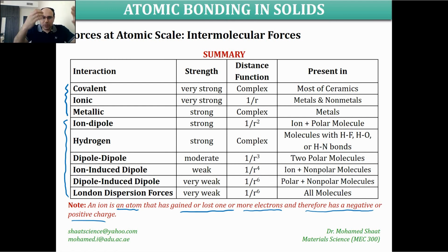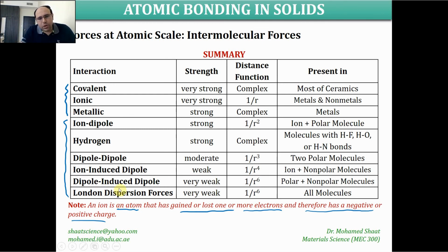This induced dipole will interact with the charge within that ion to generate an ion-induced dipole interaction, which is a kind of weak force in comparison to the other forces. That's why its magnitude depends on 1 over r to the power 4. As you can see, as we increase the exponent of r, which is the distance between the two objects, the magnitude of that force is going to decrease.